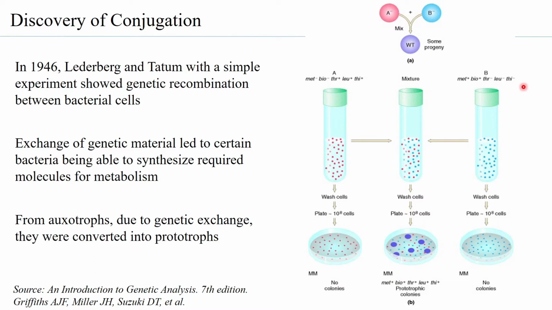Strain B, which is an auxotroph, cannot grow in minimal media. So what is minimal media? It's just simply salts. But in case of the mixture, what was observed is certain colonies were formed. So when these colonies were picked up and studied, it was found that they had all the five genes active. So it is equivalent to that being a wild type progeny.